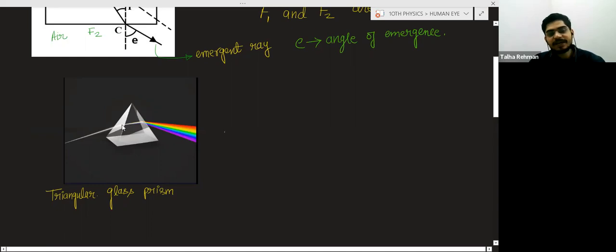When white light is passed through a triangular glass prism, due to the different amount of refraction, dispersion of light takes place. White light is split into the 7 colors, which we will discuss. So basically I want to show you what the glass slab is and what the triangular glass prism is.